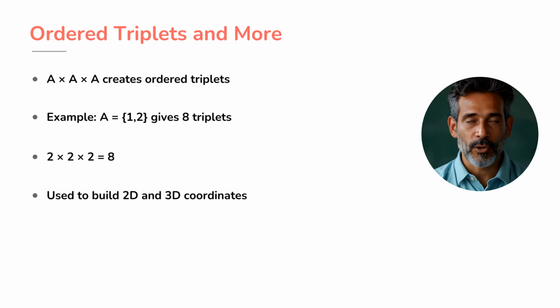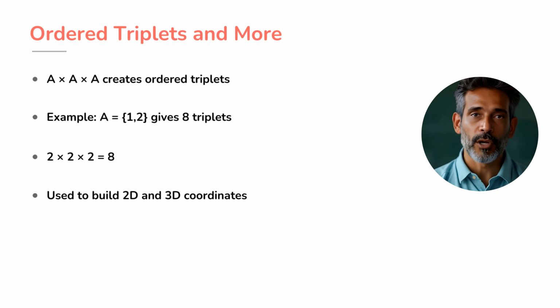That gives us 8 unique ordered triplets. These triplets help us represent positions in 3-dimensional space, just like ordered pairs help us in 2 dimensions. So, whether you're plotting a point in 3D geometry or defining a pixel in computer graphics, ordered triplets play a vital role in building both 2D and 3D coordinate systems.